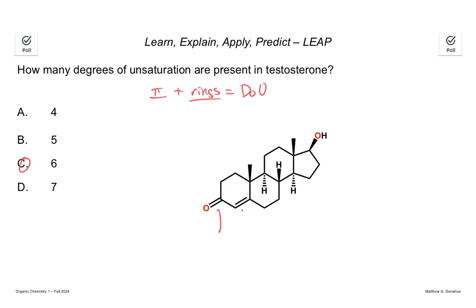We see we have 2 pi bonds, and then 1, 2, 3, 4 rings. That gets us 6. So you can do it visually, or you can use the molecular formula to calculate that number 6.